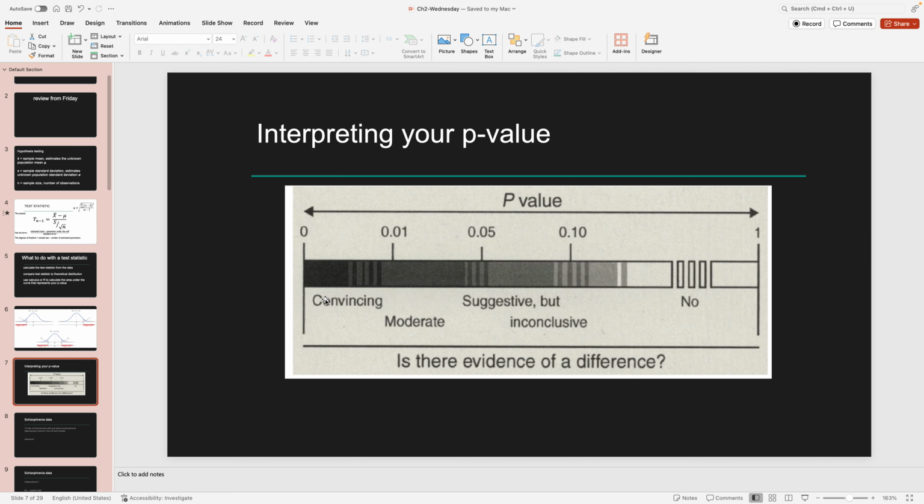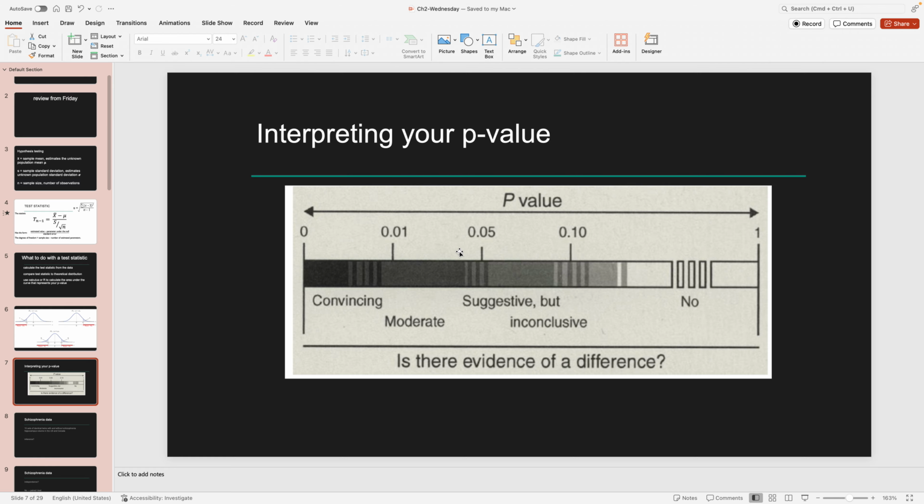When the p-value is more moderate, 10%, that's not that infrequent. That's just 1 in 10 times. So when the p-value is about 0.1 or 10%, that's suggestive, but not the most convincing, I would say.